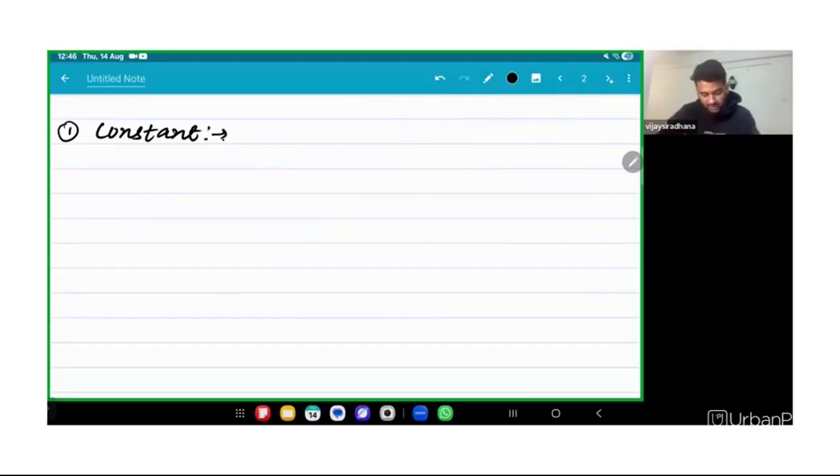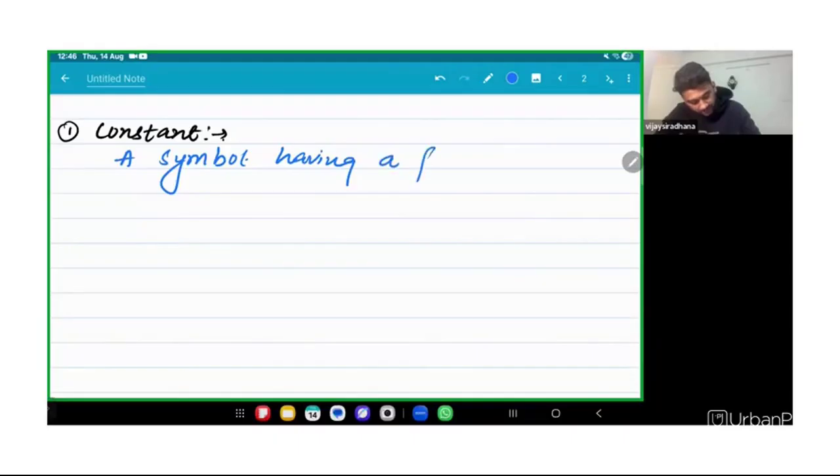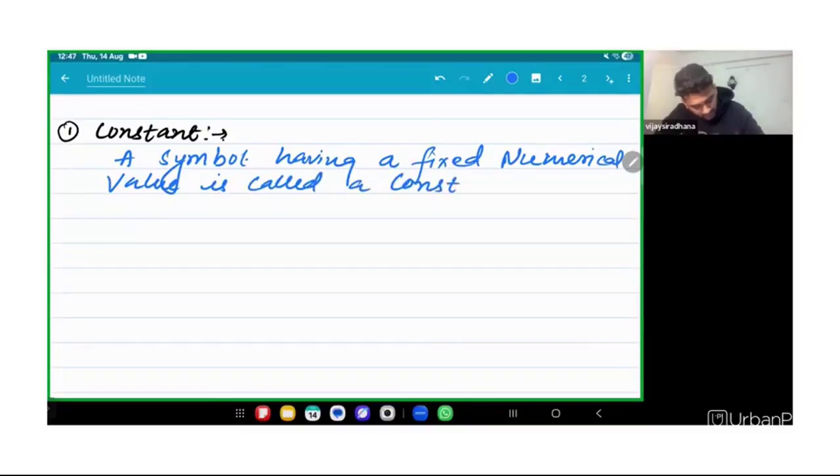A constant is a symbol having a fixed numerical value. Be it anything, for example, you can take 2, 3, or pi.